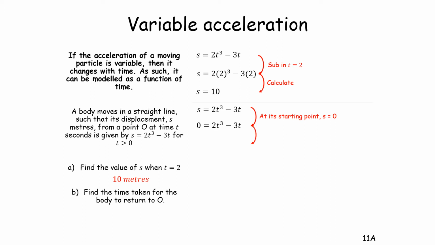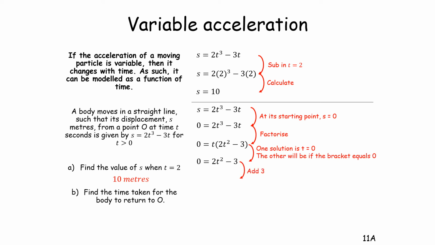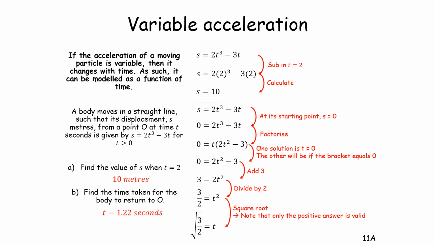So if we set the displacement to 0 and then factorize, we could take the t out, and one of the solutions, obviously, would be t equal to 0, and then the other would be 2t squared minus 3 equal to 0. Okay, so if we divide it by 2 and then square root it, we get our t value to be 1.22 seconds.